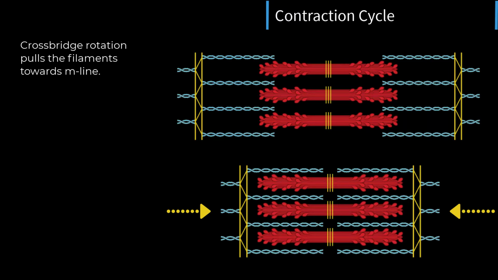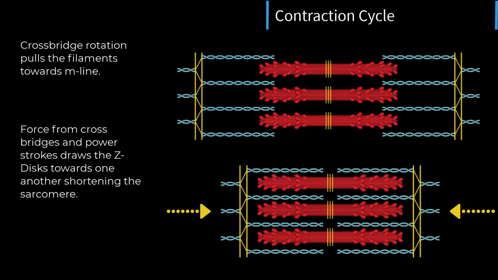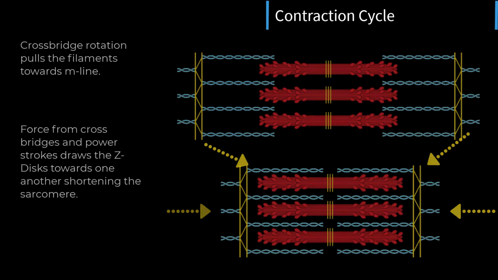One thick filament can have up to 600 cross bridges attaching and detaching 5 times per second. The force generated by these cross bridges and power strokes draws the Z discs towards one another, shortening the sarcomere. The Z discs pull on neighboring sarcomeres and the whole muscle fiber shortens.